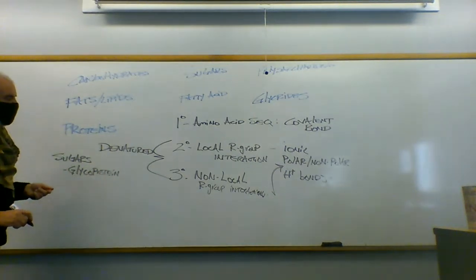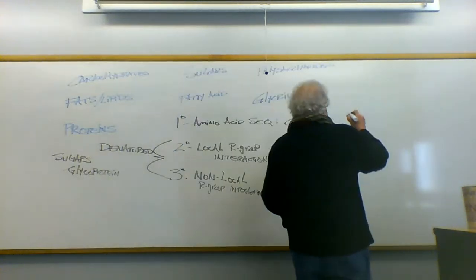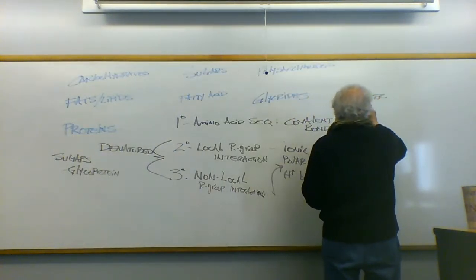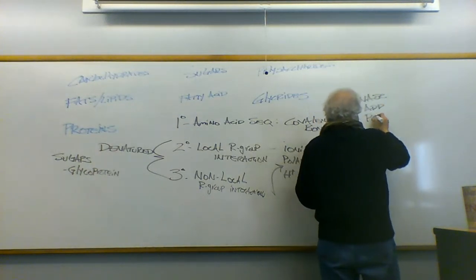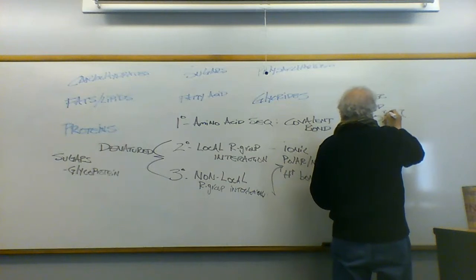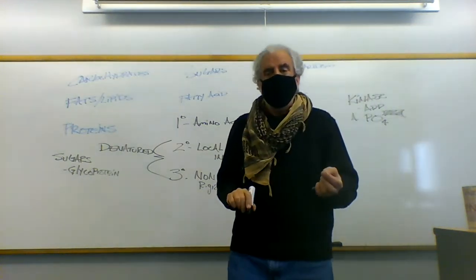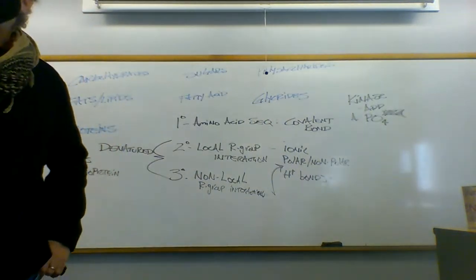We can have a kinase, an enzyme that adds a phosphate. A kinase will add a phosphate, a big negative charge group, to a neutral amino acid. And that will dramatically change the shape of the protein structure.